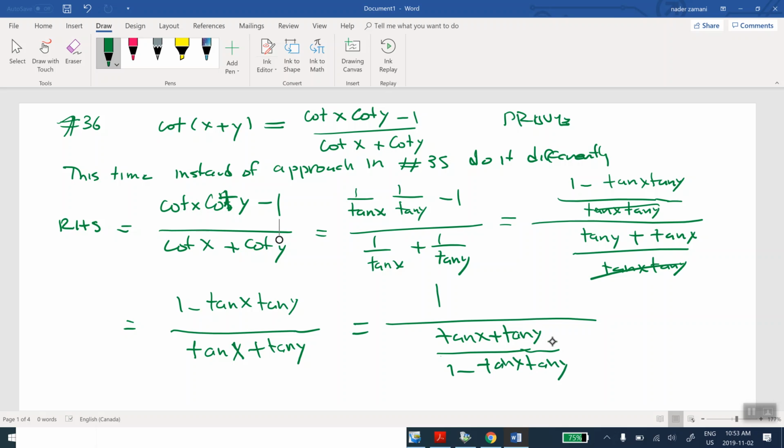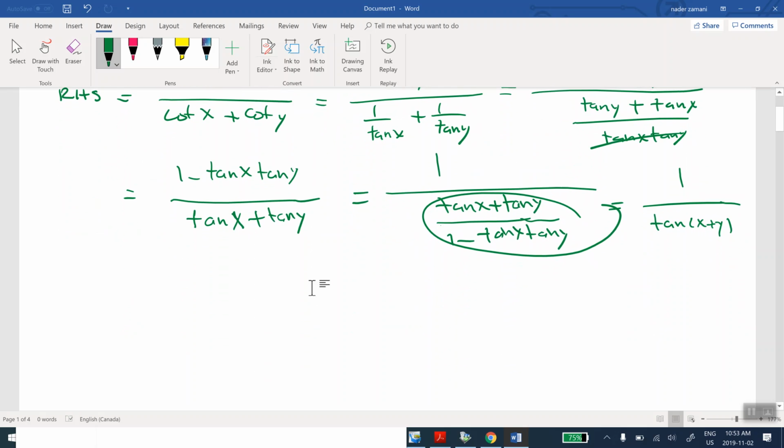I hope you see that these are the same. And if you don't, come and see me, talk to a friend, go to the math lab, seek some help. That denominator is simply tan of x plus y. And this is cotangent of x plus y, which is your left-hand side.